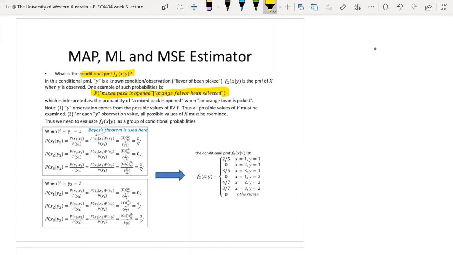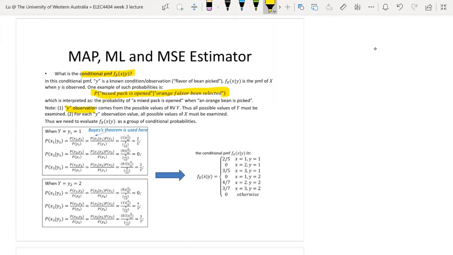We want you to note, first of all, the y observation comes from the possible values of the random variable y. There are only two possible flavors, lime or orange, 1 or 2 for the random variable y. And all possible values of y must be examined. Secondly, for each y observation value, all possible values of x must be examined.